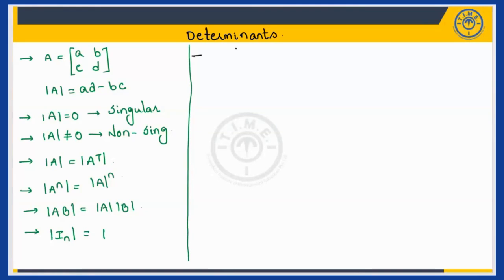Right. Now again, the determinant of a triangular matrix. It can be either upper triangular or lower triangular, or it can be a diagonal also. Then it is the product of principal diagonal elements.